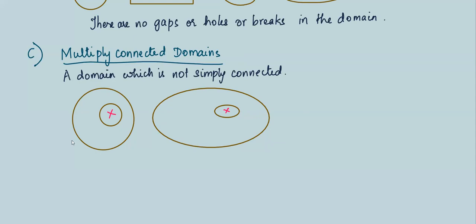All other points belong to D here. These all belong to D. This is D, this is D. That which is marked with cross does not belong to D. So we can think of further examples.